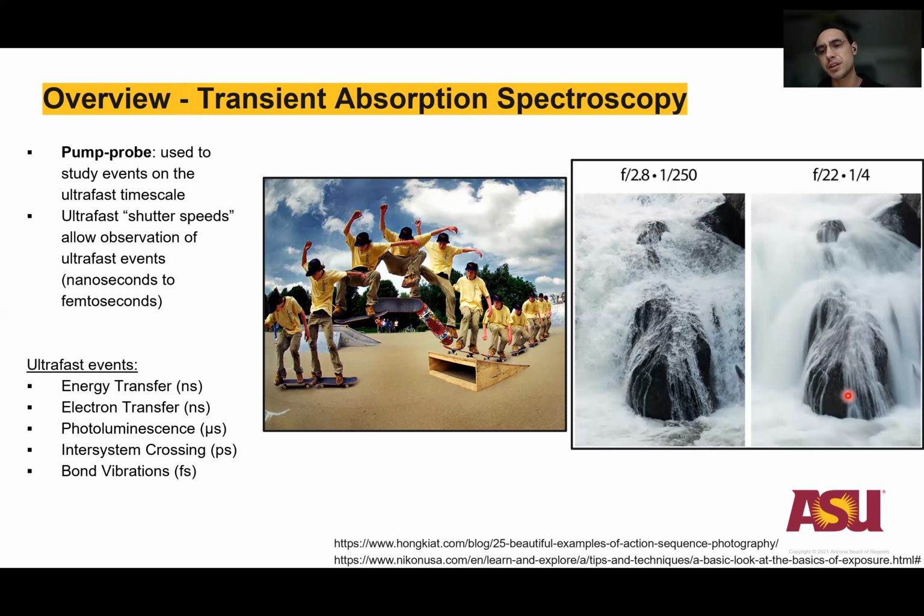Whereas when you have a slower shutter speed, all of those dynamical nuances end up becoming blurred together. That's the same idea here: we need an ultra-fast shutter speed to capture a lot of the information that occurs at these ultra-fast timescales.